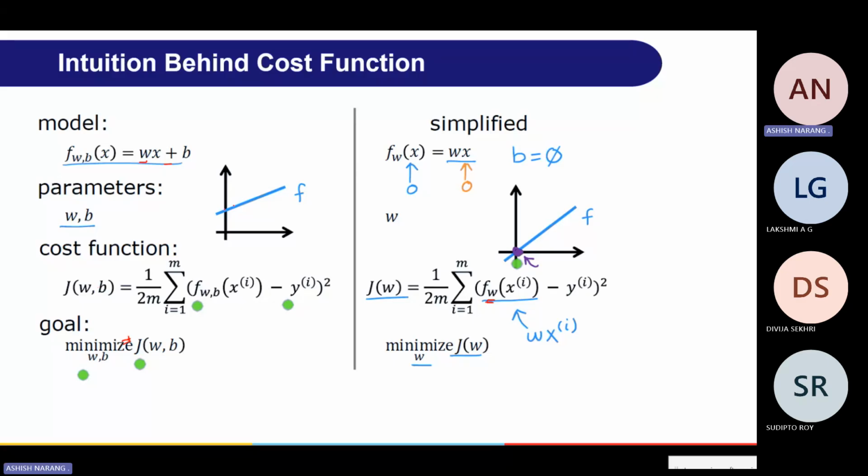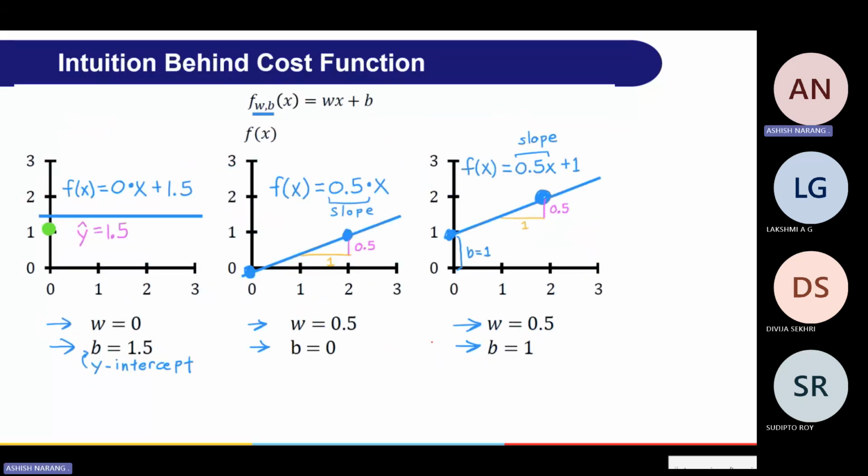The line is not passing through the origin 0, 0, because b has a certain value. Even if the first one goes 0, the b will give you some value of f w b x. But if b goes 0, then it only becomes a function of w, the other parameter. Then we want to minimize this particular thing, right? So you look at this particular aspect.